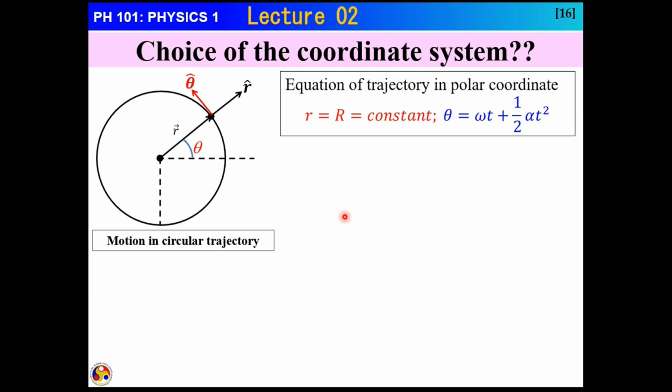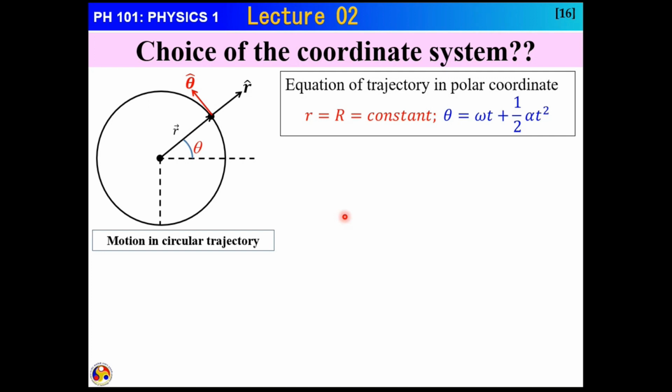Now, the choice of the coordinate system. Why do we need different coordinate systems? This is because you should be choosing the coordinate system depending upon the symmetry of the problem. If you are seeing some kind of circular symmetry in the problem, you should be choosing the polar coordinate system. If you are finding some rectangular symmetry, then you should be using the Cartesian coordinate system. Why is it so?